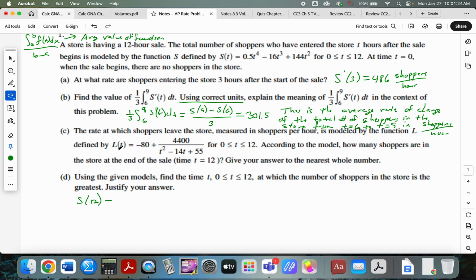Now, L of t is not how many shoppers have entered the store, is it? It's the rate at which they're leaving. Since I have a rate, if I want the difference, I need to take the integral. I want the displacement, the change. So I'm going to do the integral from 0 to 12 of L of t dt.